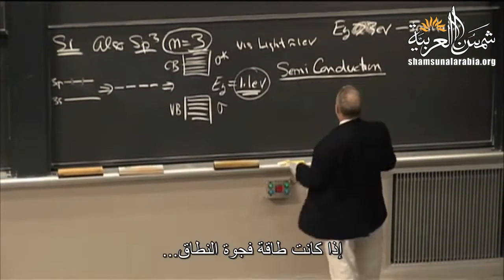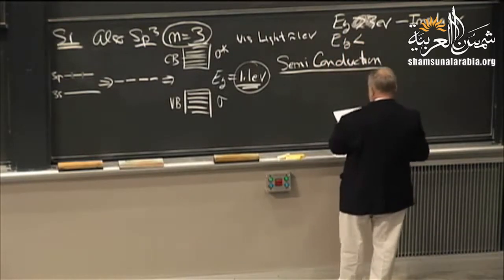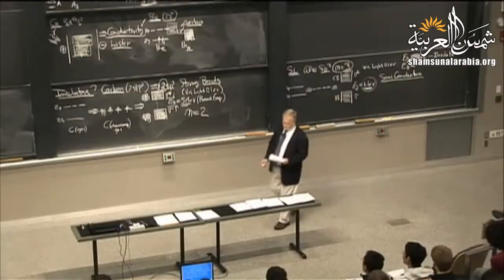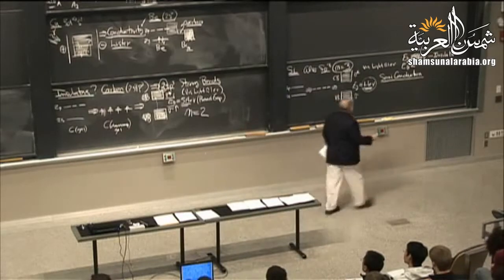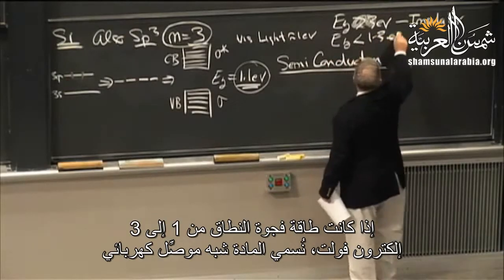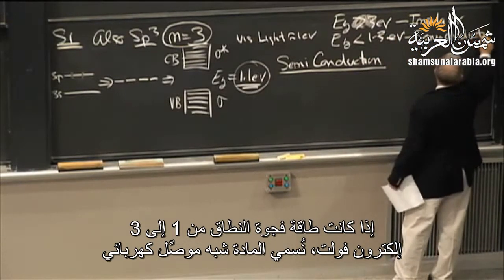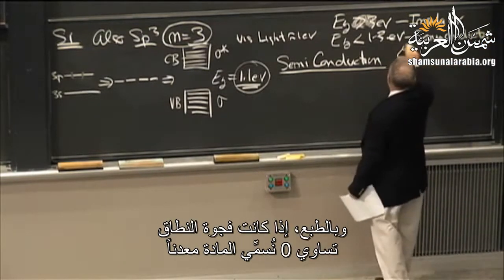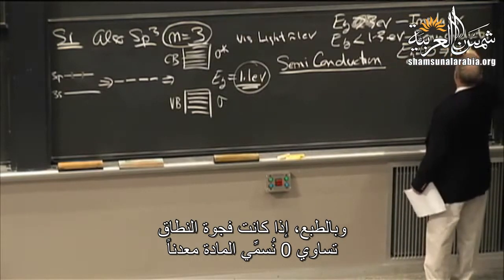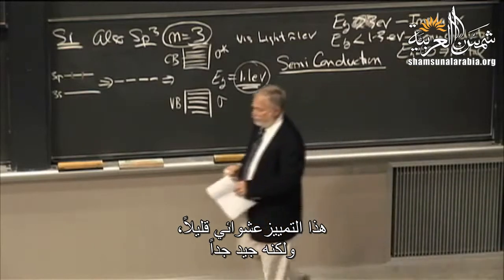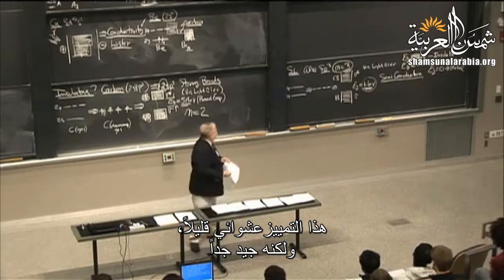If the band gap is, well, let's give it a range, 1 to 3 electron volts, we call it a semiconductor. And of course, if the band gap is equal to 0, we call it a metal. So that's a distinction, which is a little bit arbitrary, but pretty good.